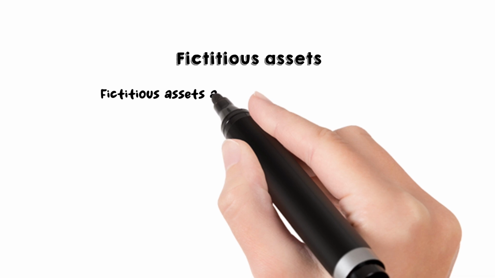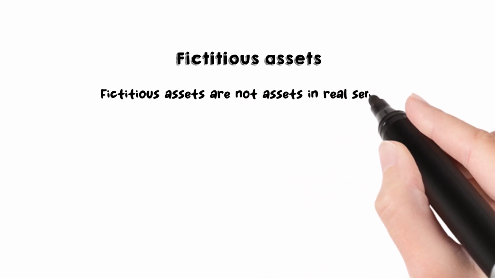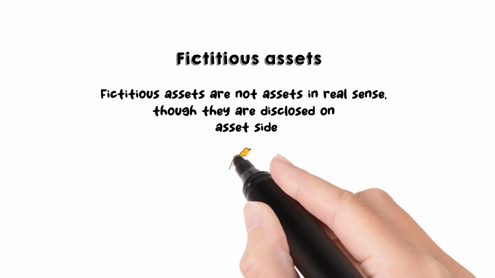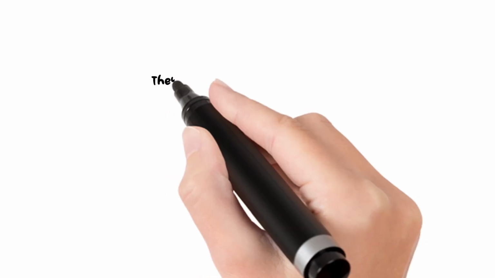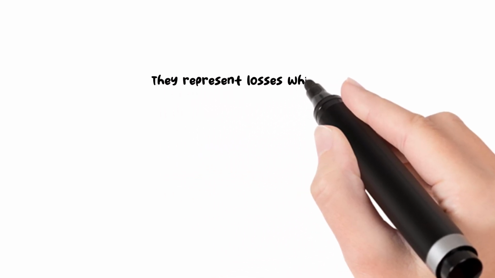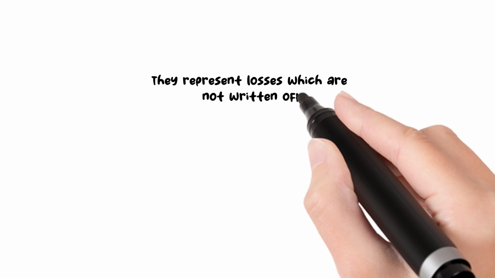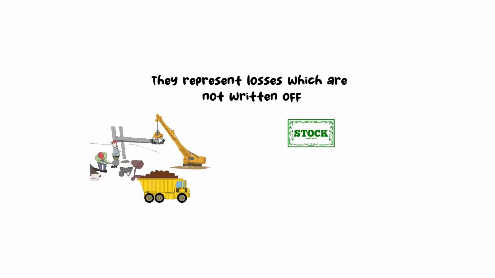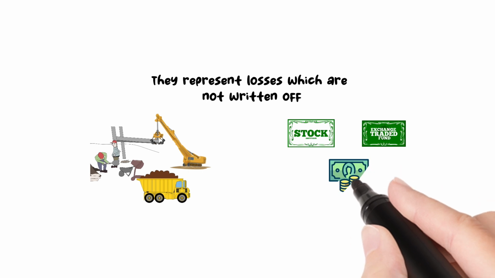Fictitious assets. Fictitious assets are not assets in the real sense, though they are disclosed on the asset side of the balance sheet. They represent losses which are not written off, like company formation expenses, shares and debentures issue expenses, etc. Contingent assets.